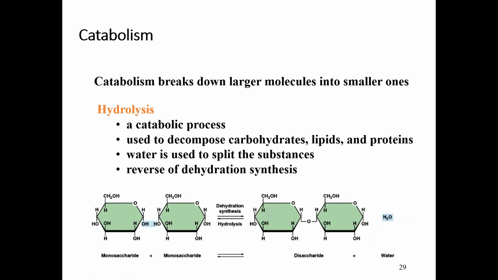We split the molecule into smaller components. We break the disaccharide into individual monosaccharides. So, we break glycogen into glucose. We break starch into glucose so that we take the large molecule and break it apart. And that releases energy.